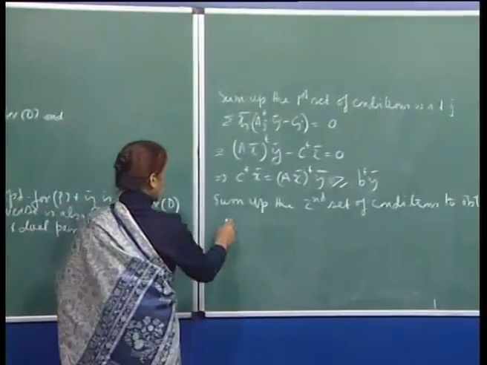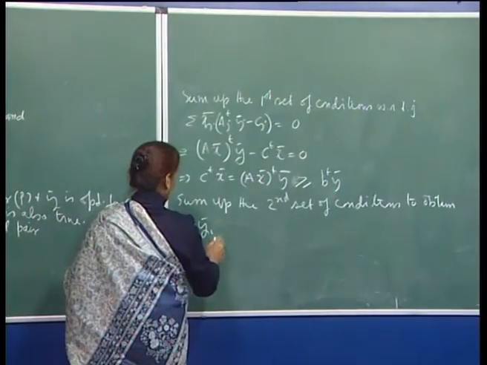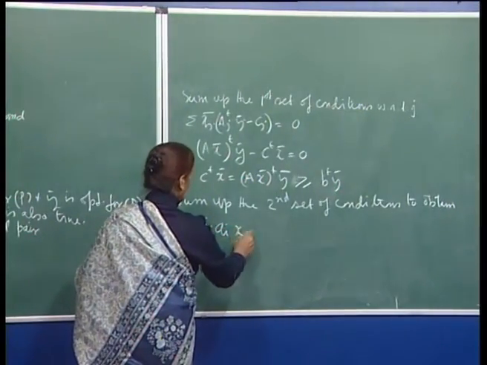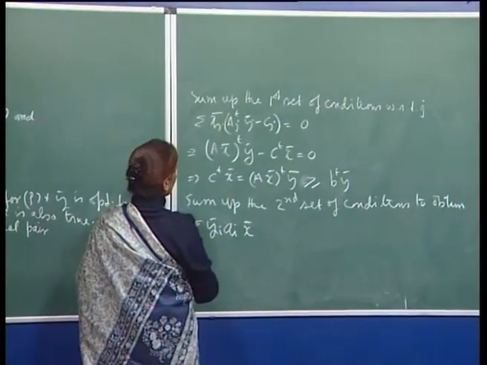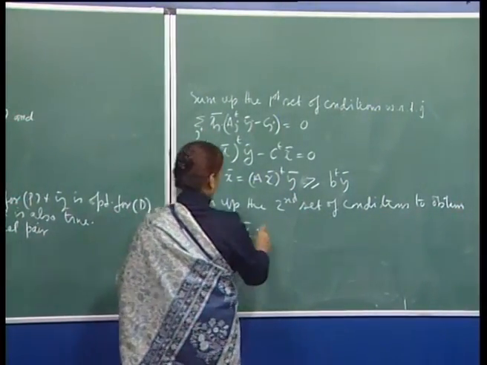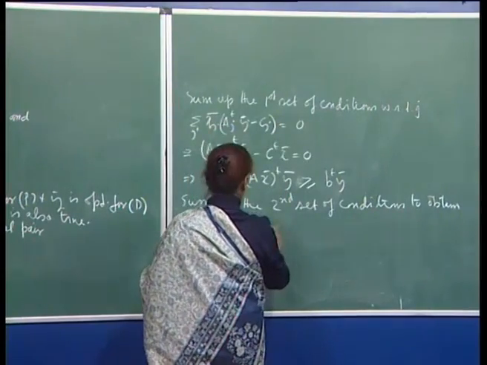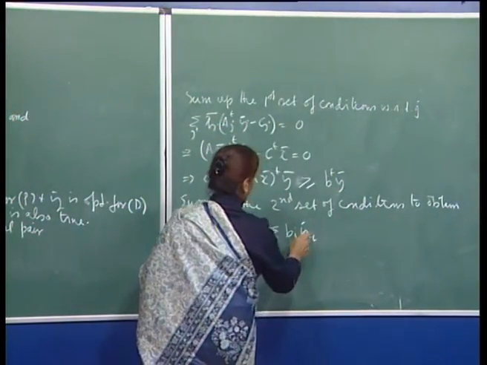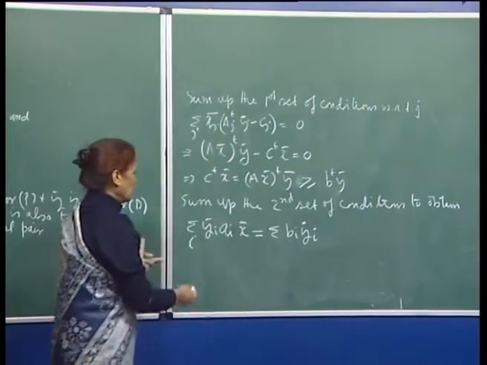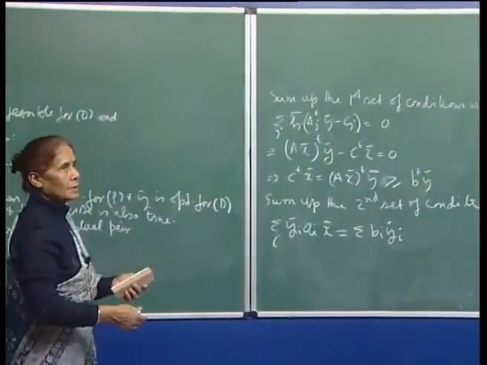See, this is summation y_i bar a_i x bar, summation over i. I should have said summation over j here, minus is equal to sigma, it does not matter what you write, right.